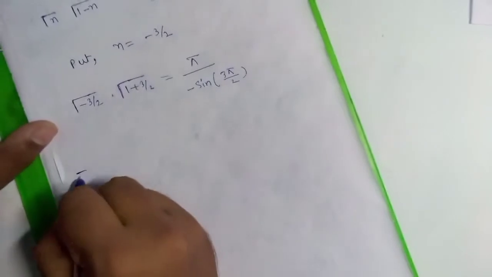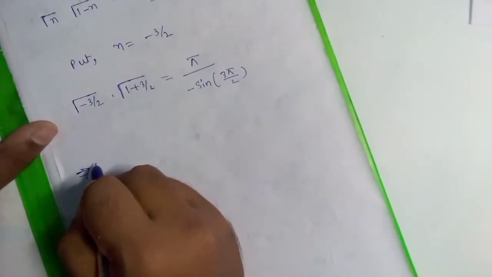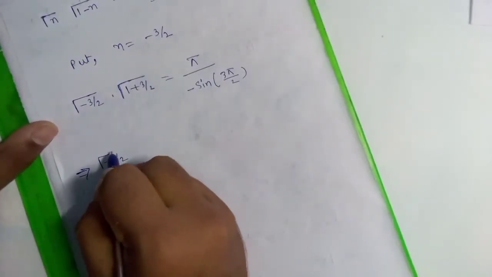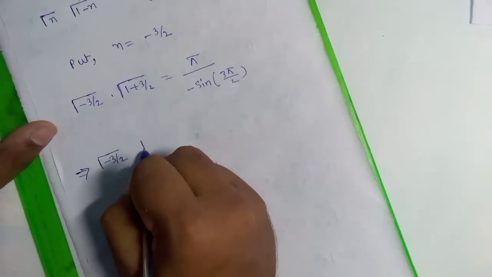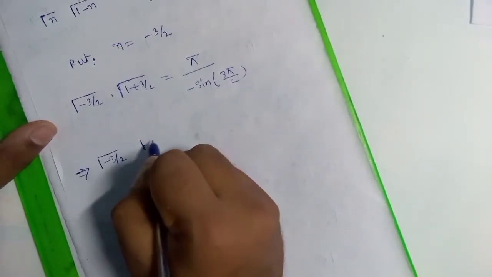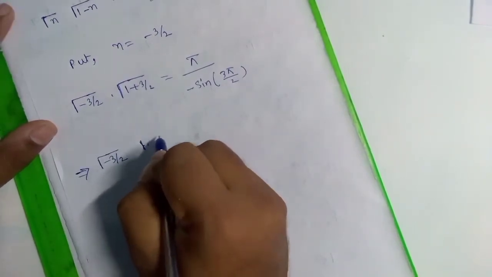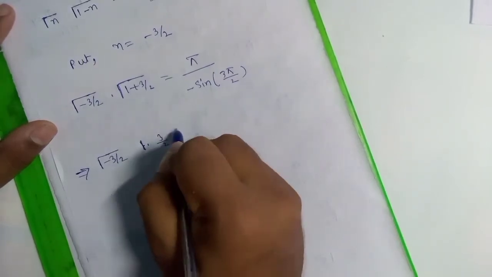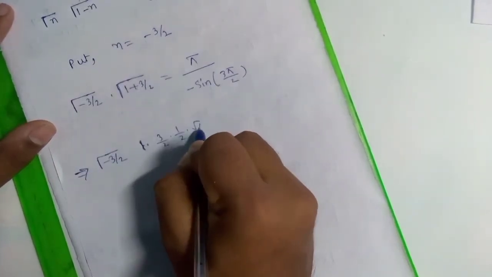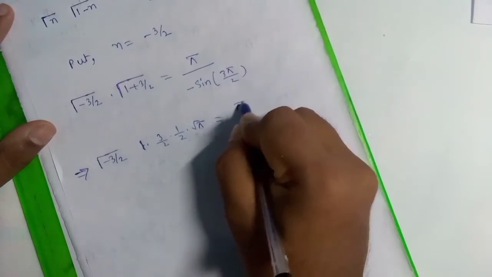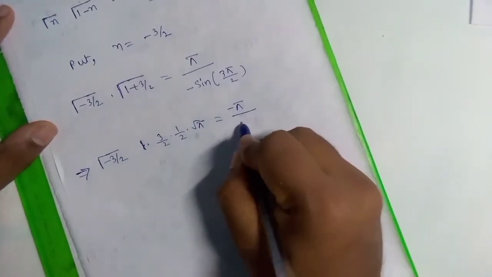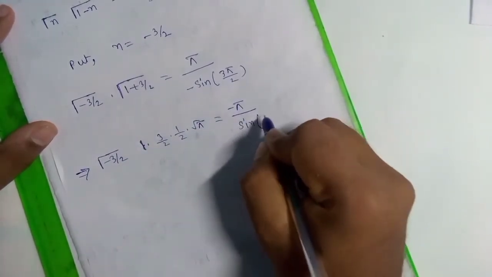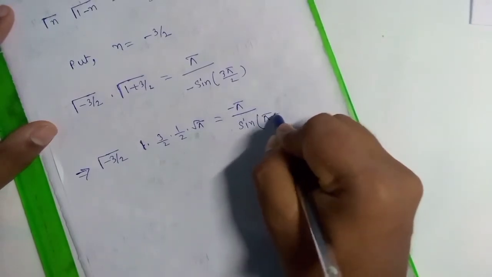So this comes minus 3 by 2, and here, using the property of gamma, it comes 3 by 2 into half into root pi. This will be pi over minus sin of pi plus pi by 2.